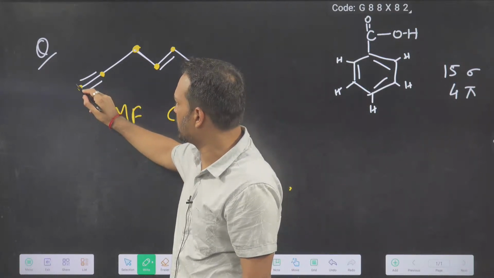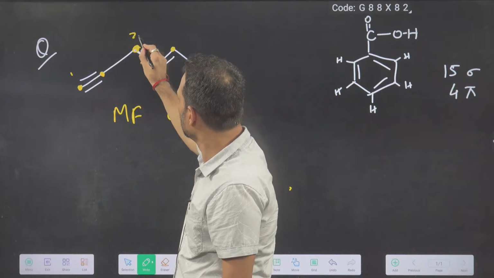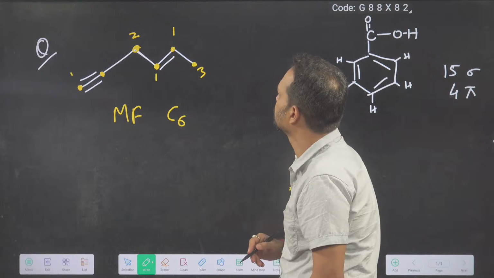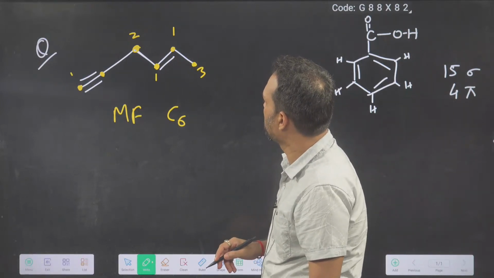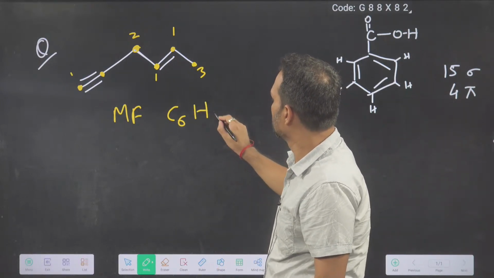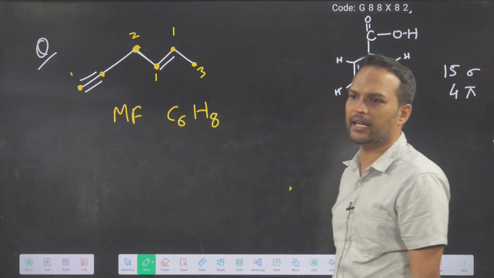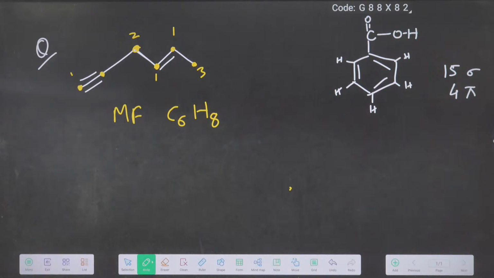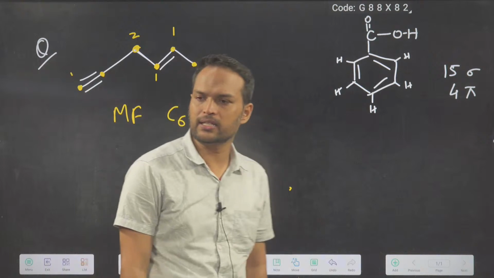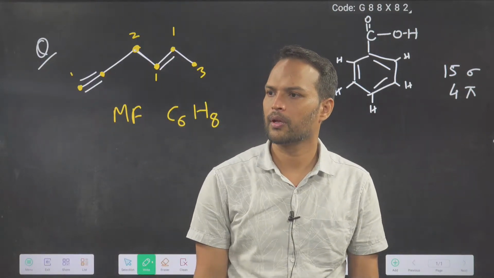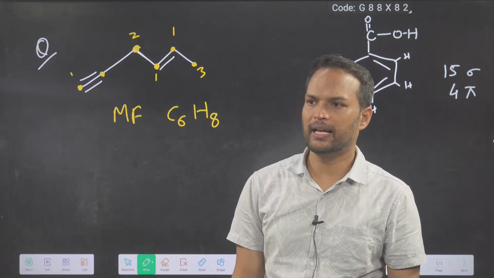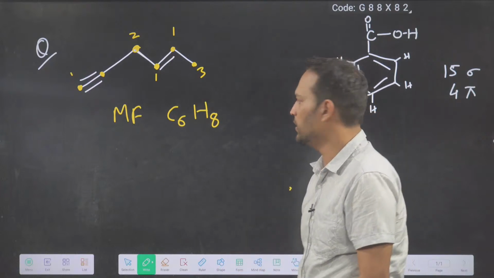So 1 H is here, 1 H here, 2 H here, 1 here, 1 here, 3 here. So 8. C6H8. Is it correct? Check once quickly. C6H8. Clear? Okay.